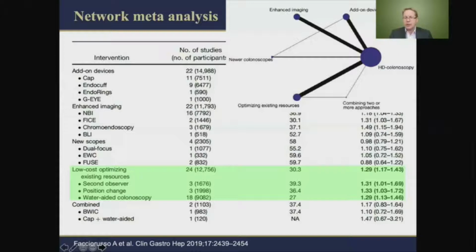We're looking at 1.3-ish, which is statistically significant. So in terms of how to really optimize your colonoscopic performance, either personally or more importantly, over your unit as a whole, low cost optimizing looks to be the way ahead.